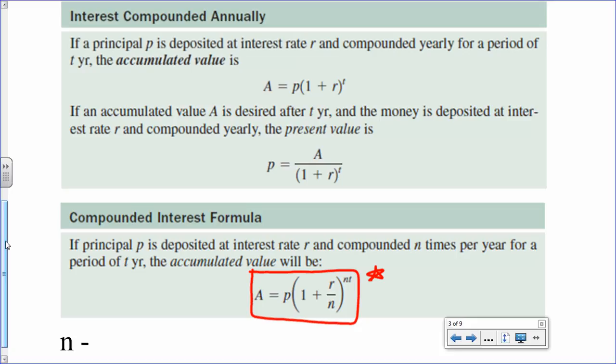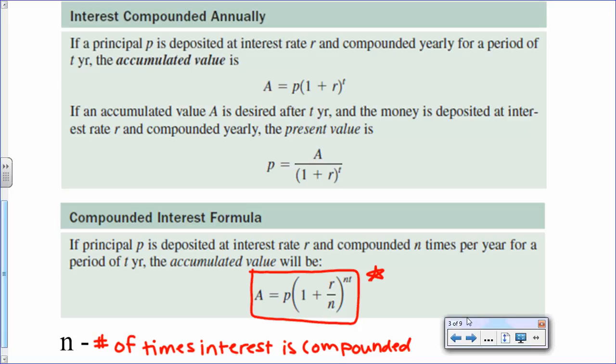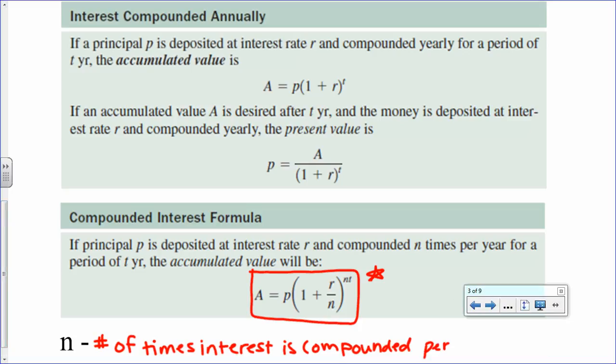The variables mean the same thing as above, but we have one additional variable we have to talk about, and that's N. So N is the number of times interest is compounded per year.